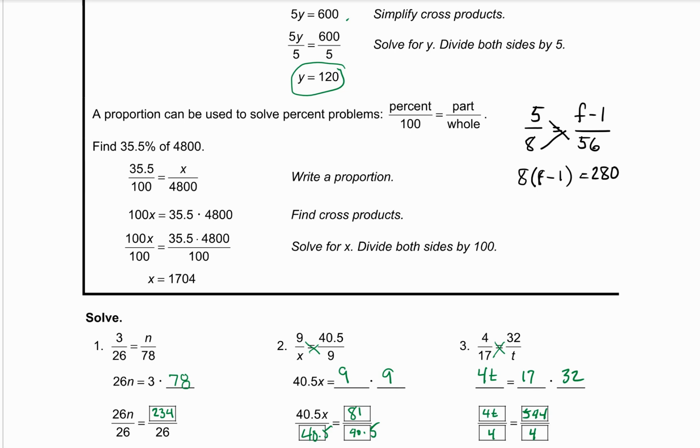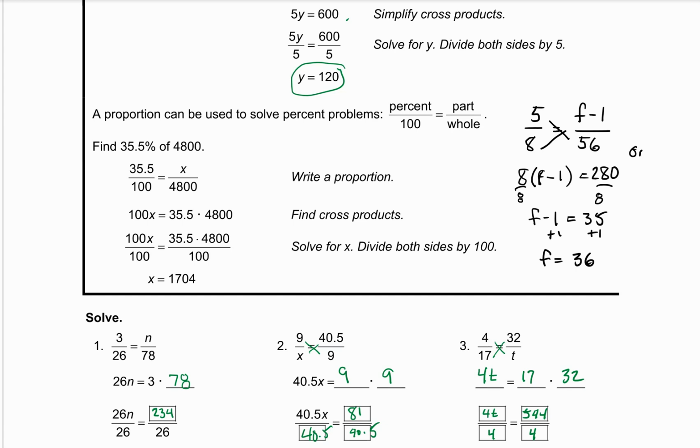So maybe I could do what we did in the last lesson and just divide 280 by 8. Yeah, I'm going to divide by 8, and that's going to give me f minus 1 equals 35. I'm going to add 1, f equals 36. So that's one way to do it.